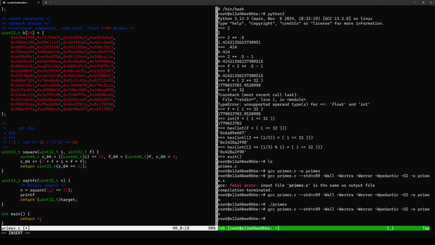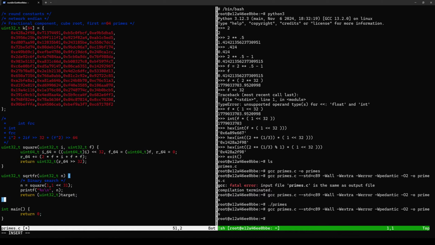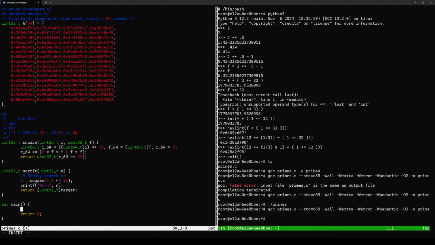I'm going to print out the fractional value, which we're going to do in hex so we can see it, in a new line. It's going to be the value n, and it's going to be a 32-bit value. Square root fractional. Doesn't matter what I put in there for now. Okay, we'll put in 2.